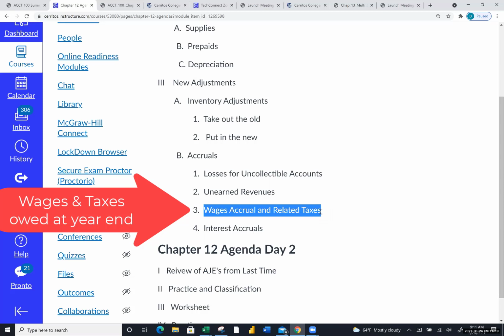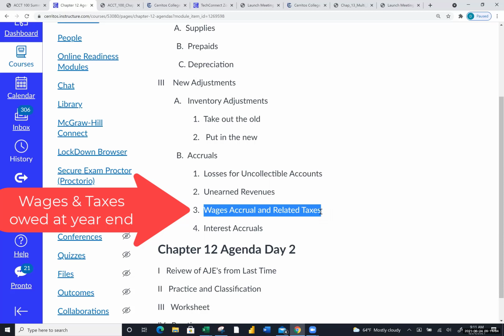But for ease of understanding, if we say 12/31 is the last day of the year, then any wages that have been incurred in that time cutoff period prior to 12/31, GAAP says you got to match the expenses with the related revenues. And so we got to go back and put those wages on the books. You'll see us do that today.